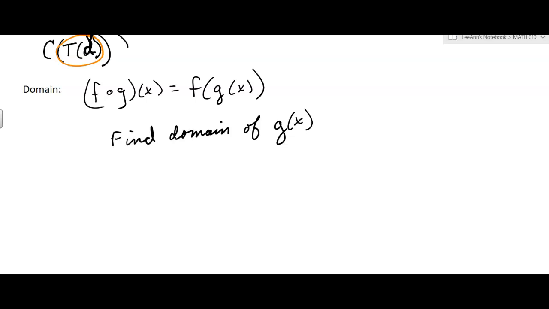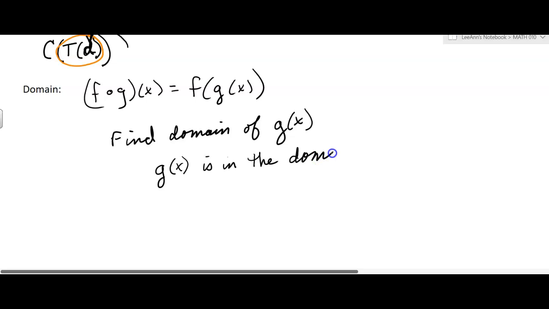Okay, and then you have to make sure that g of x is in the domain of f. Okay, so the output from the first function has to be in the domain for the second function that you're composing it with.